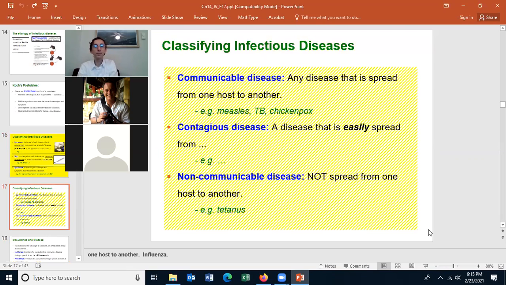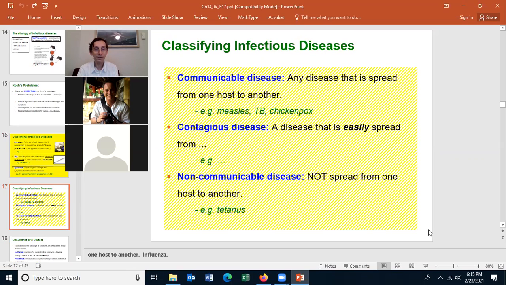You should know what a communicable disease is. That is any disease that can spread from one host to another. Measles, tuberculosis or TB, chickenpox are all examples of communicable diseases. A contagious disease is a disease that easily spreads from one host to another.